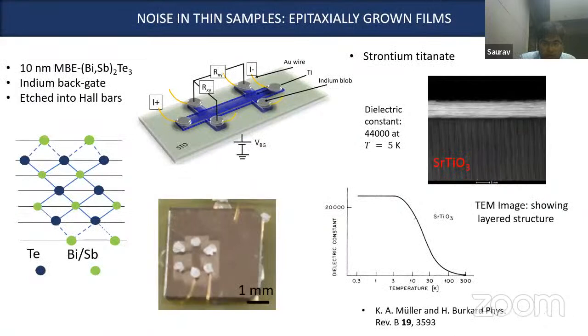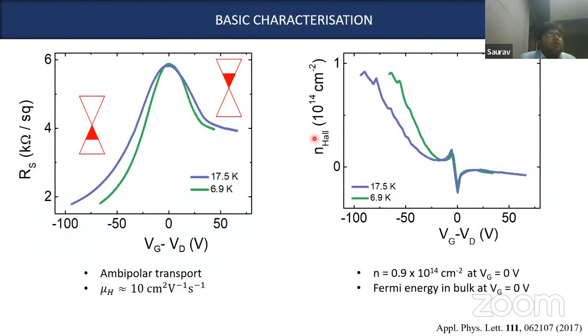So what we shifted to is using molecular beam epitaxy samples. We used a 10 nanometer thin sample of bismuth antimony tellurium, which had an indium back gate, and was grown on STO, which provides a large dielectric constant, so we can tune the number density or the resistivity across the Dirac point in these samples.